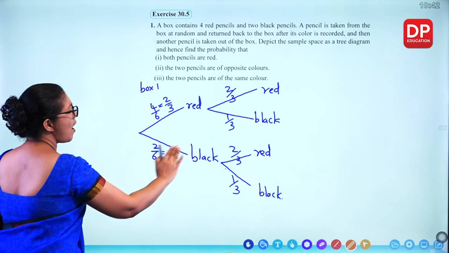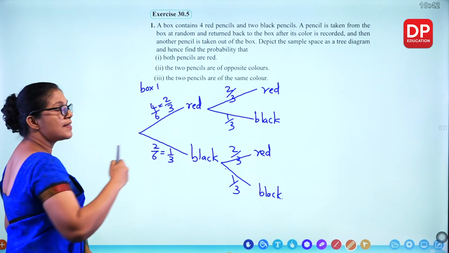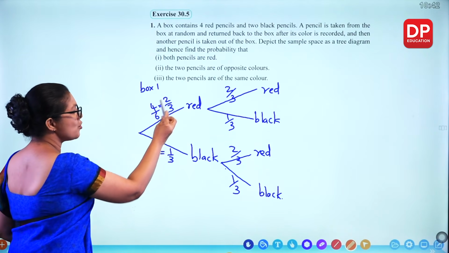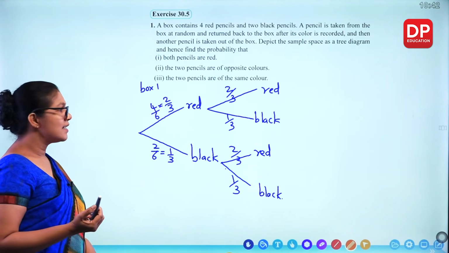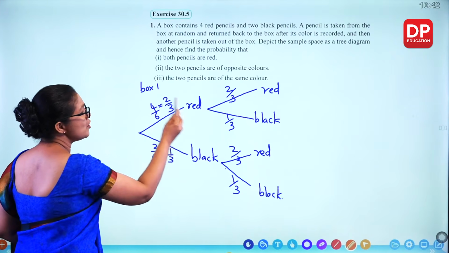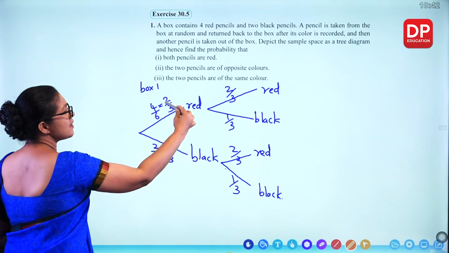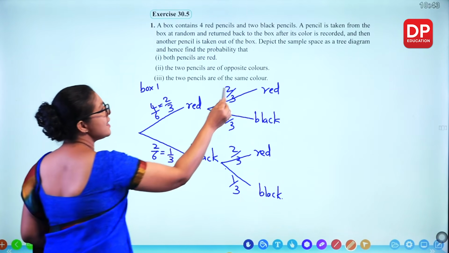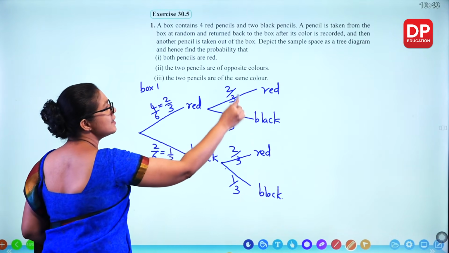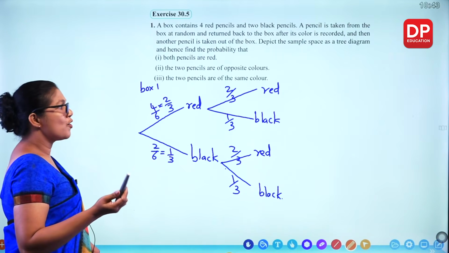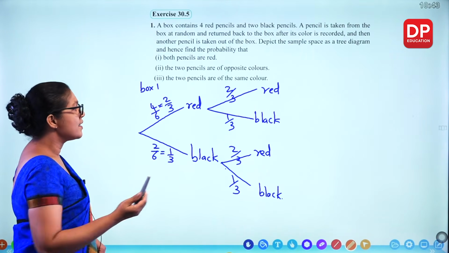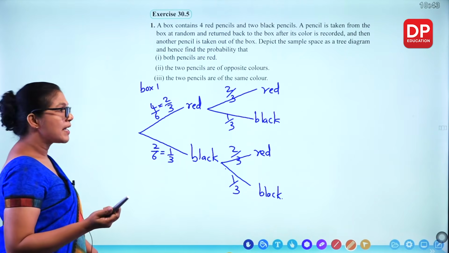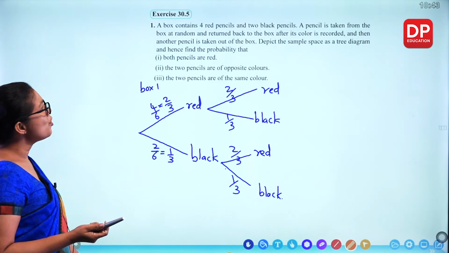When you take one tree, the sum of probabilities are equal to 1. So 2/3 and 1/3 becomes 1. So remember that when you draw a tree diagram, the sum of the branches add up to 1. Here 2/3 and 1/3. Again you will see 3/3 or same as 1. So here also 2/3 plus 1/3 becomes 3/3, that's equal to 1.